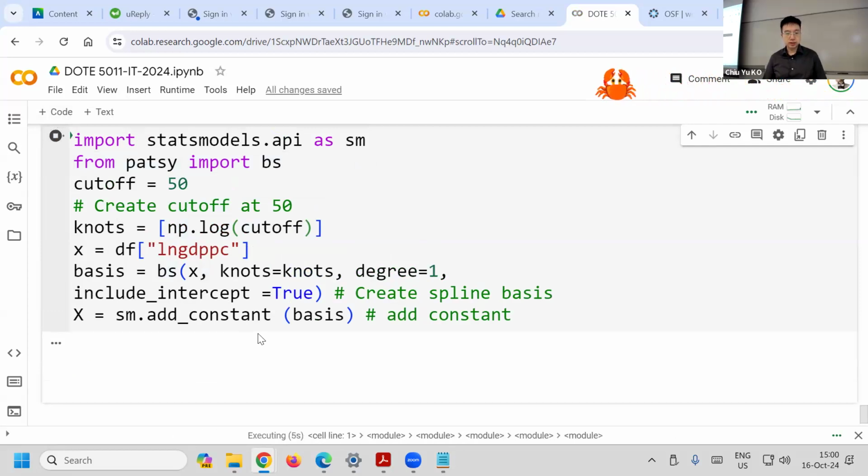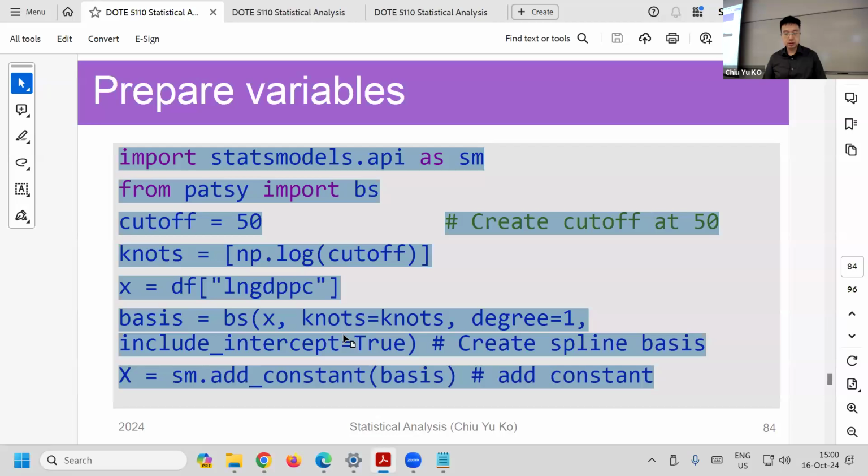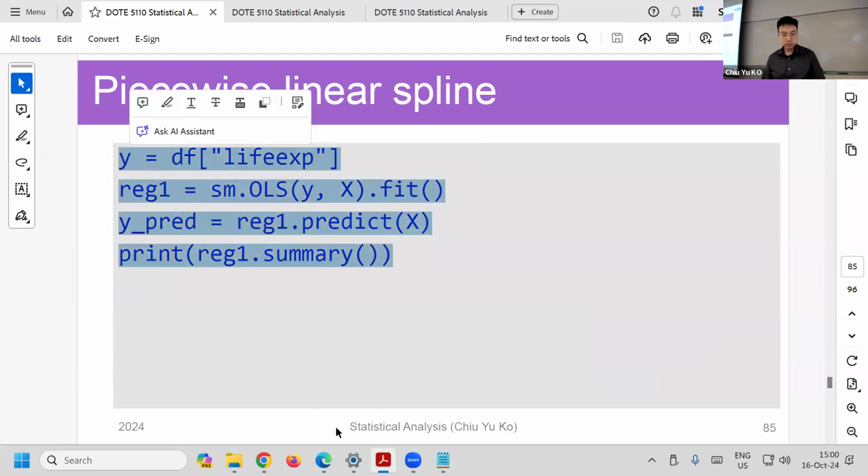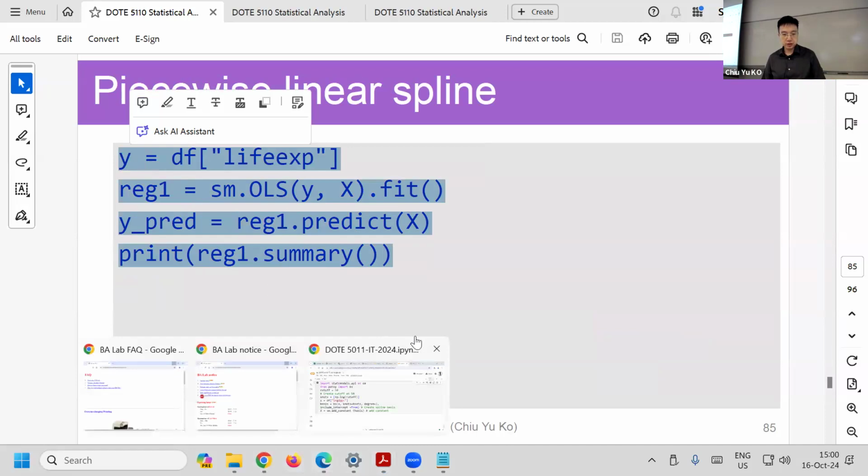Yes, it takes some time to create it. Now it's done, it takes 7 seconds. Then we can run an OLS, the same as OLS, because it just tries to create a new basis. And let's run the regression.